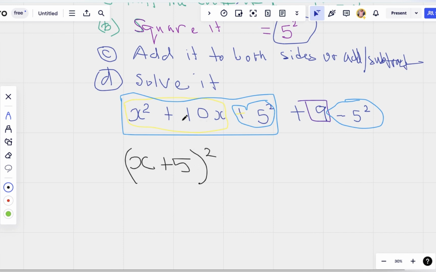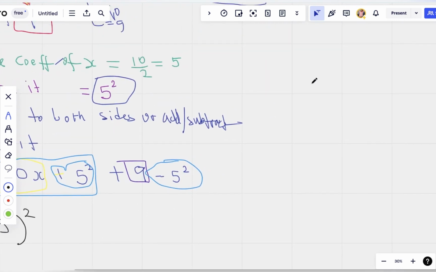What you have done is factorize this. Because if you break this down, you will get x plus 5 in one bracket, and x plus 5 in another bracket. So x plus 5 in a bracket, squared, means you have x plus 5 together in a bracket and you square it.